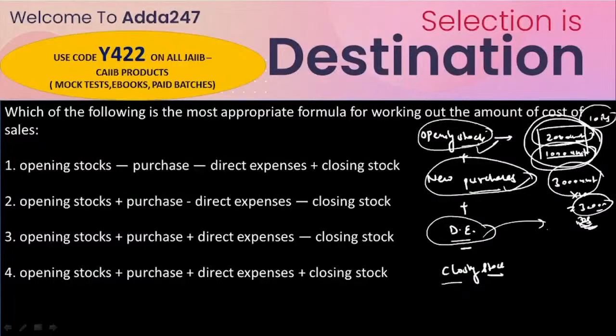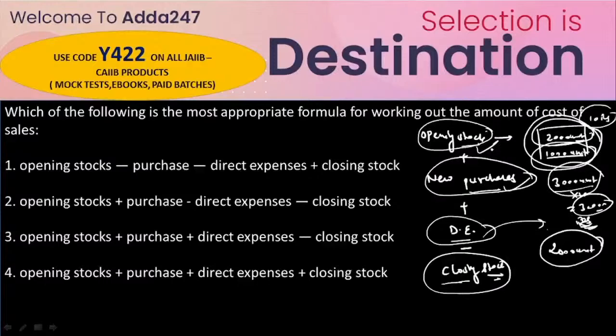After that, suppose that from these 3,000 units, we sold 2,000 units. At the end of the year, whatever quantity is left, the quantity that is not sold, is known as closing stock.